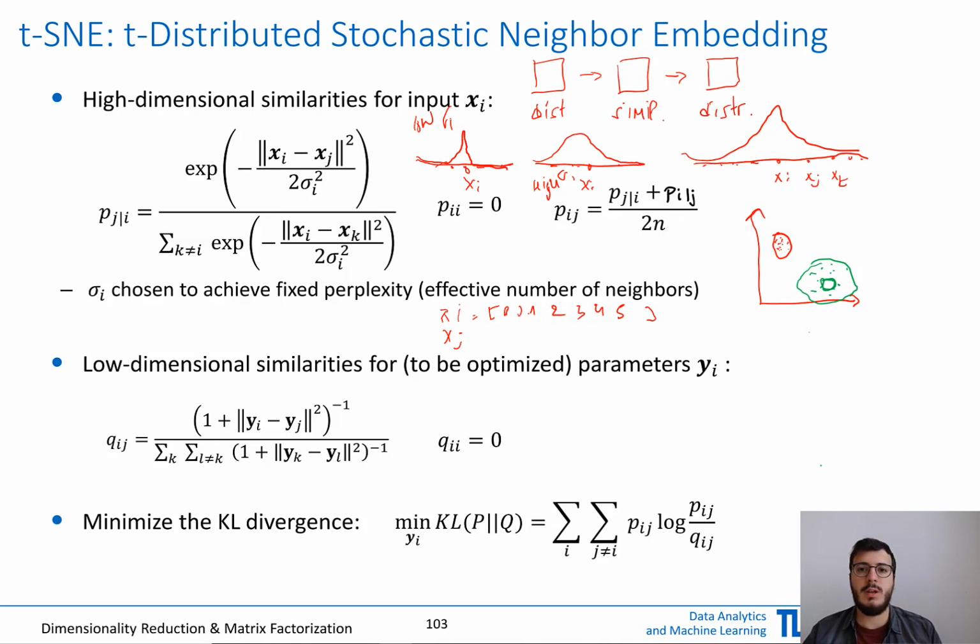So this can be 2, 3, 4 dimensional and so on. And similarly to this case, we compute a distribution over all pairs i and j. Here we do something slightly different. Here we take the distance between yi and yj. These are variables to be optimized.